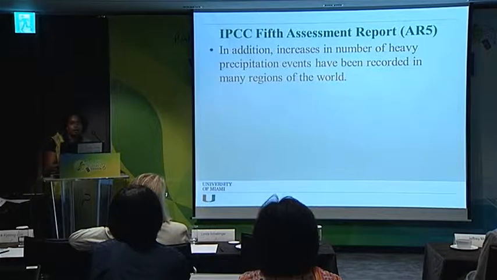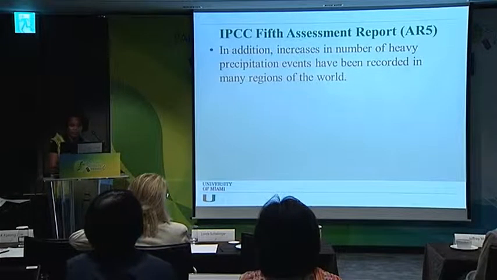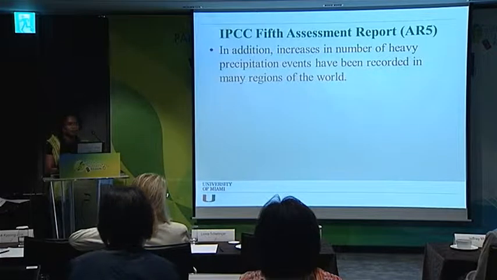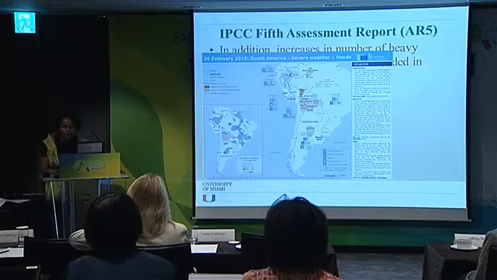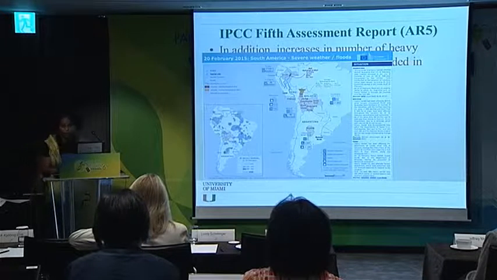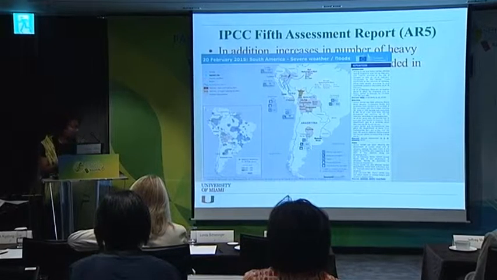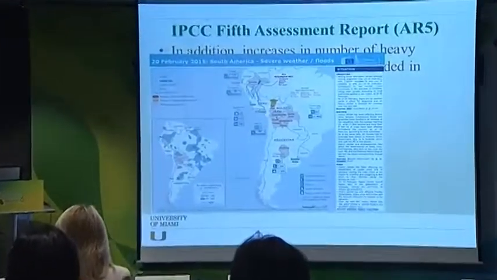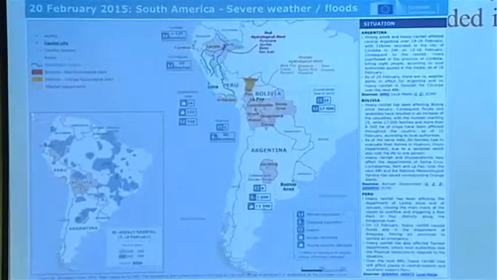In addition, from the Intergovernmental Panel on Climate Change, there are several studies which have shown increases in the number of heavy precipitation events recorded in many regions of the world. I was just talking to a postdoctoral researcher yesterday who was born and brought up in Seoul. She must be in her 20s. And even in that short lifespan of 20 years, she could tell me that Seoul has been experiencing changes in climate and weather conditions.